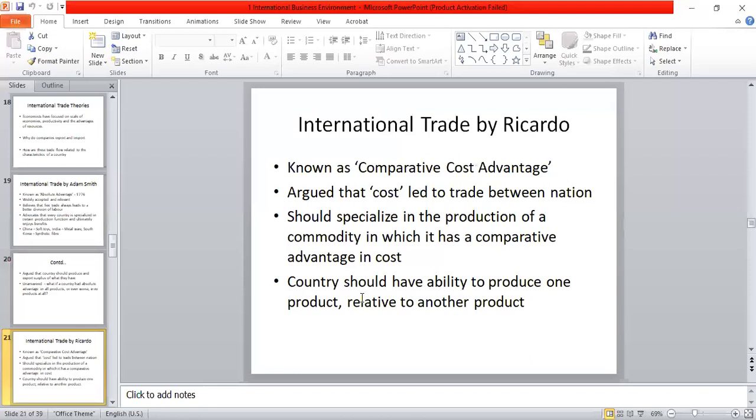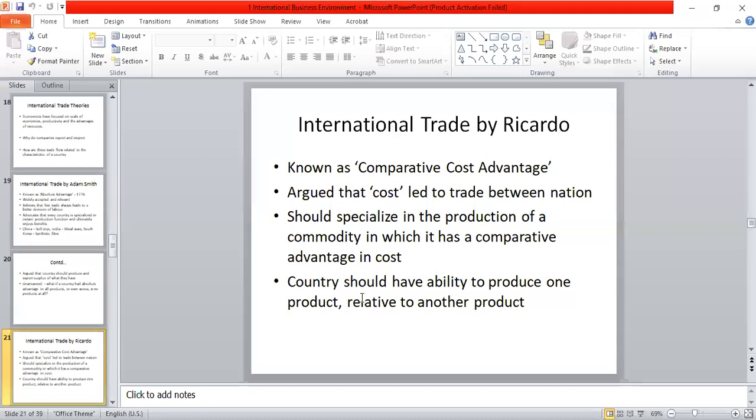To produce more quantity with lower opportunity cost. That is the meaning of comparative cost advantage.